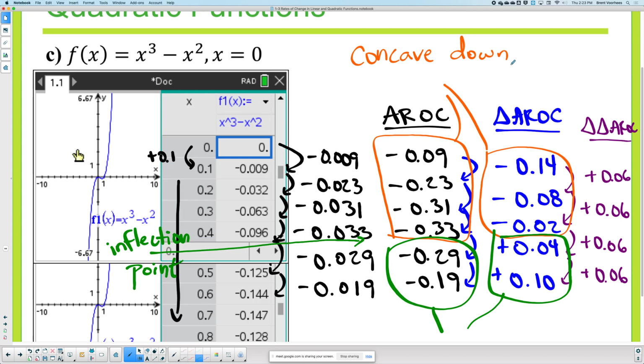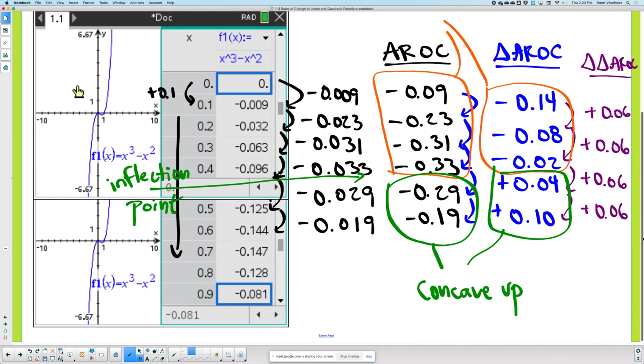Concave down on the interval negative infinity until, when did we find out? 0.4. And it was concave up from 0.4 to infinity. Yeah, that's where it's concave up.